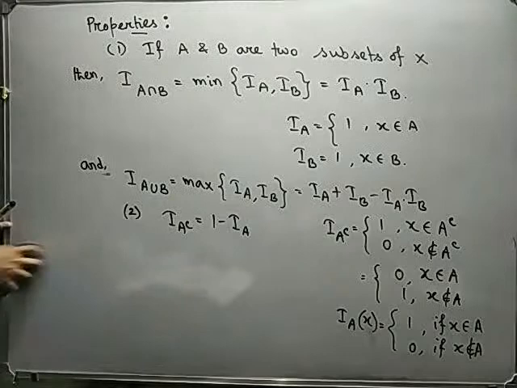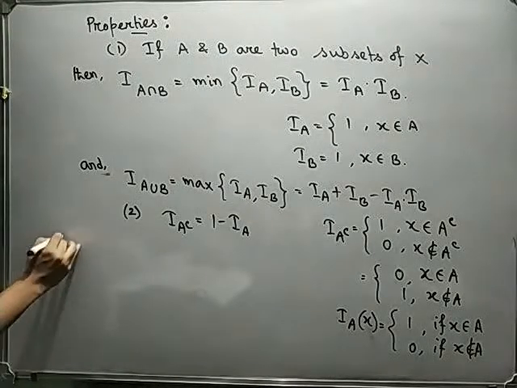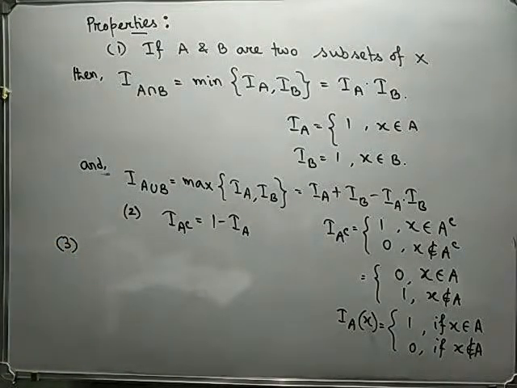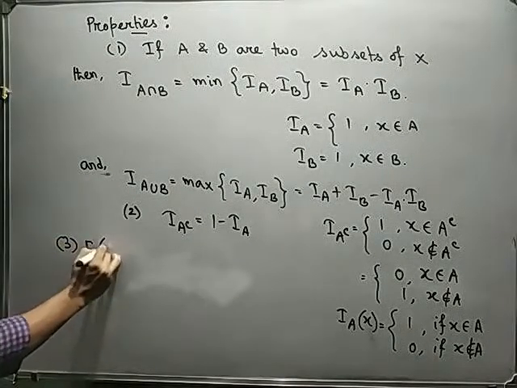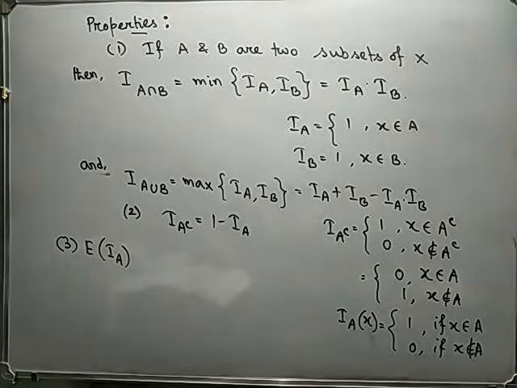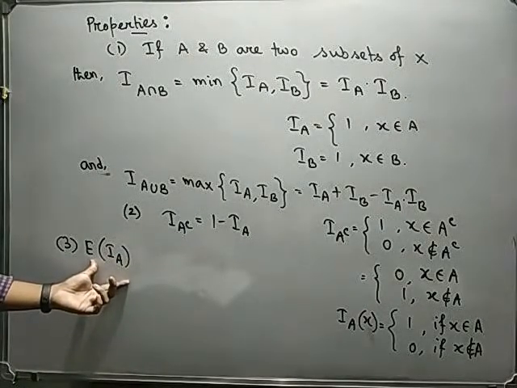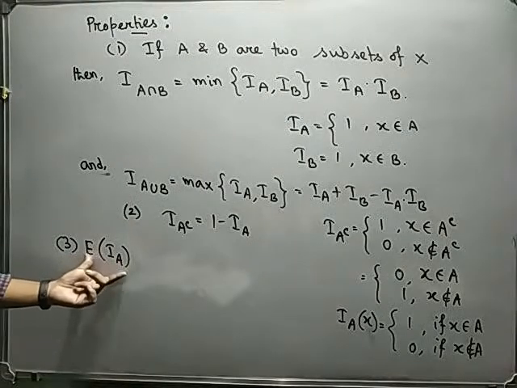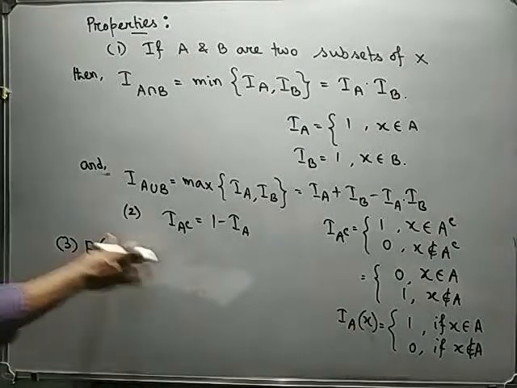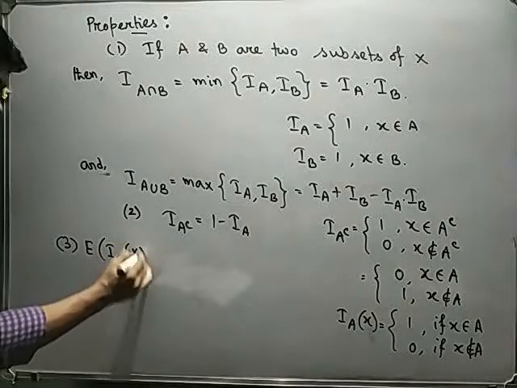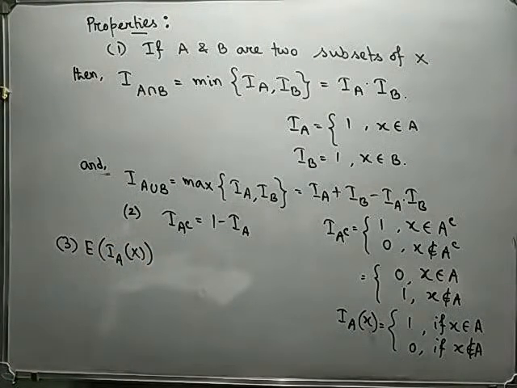Now the third property, so let's say expectation of IA. If capital X is a random variable, then expectation of IA can be defined as integration.